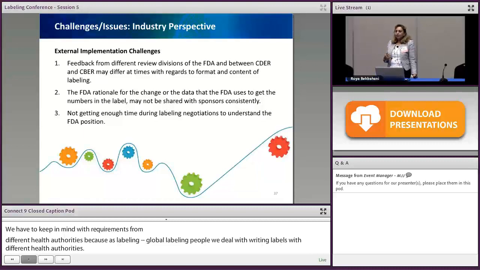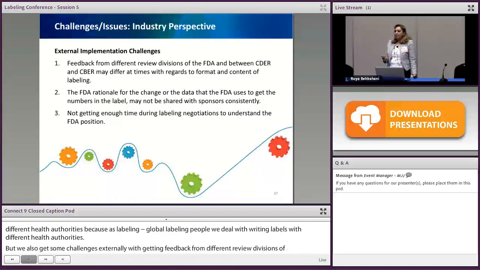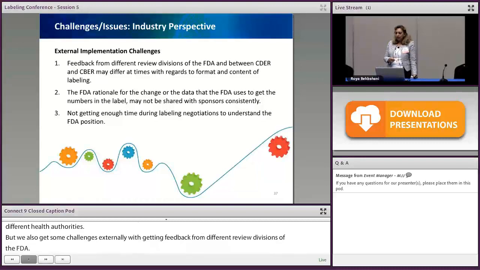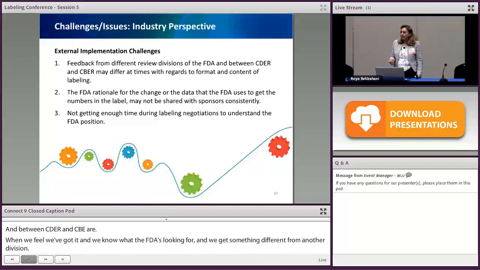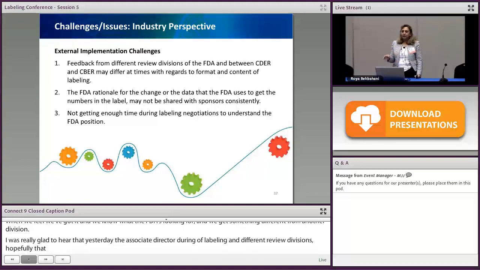So when we really feel like, oh, we got it, we know what the FDA is looking for, and then we get something different from another division. I was really glad to hear yesterday that there are associate directors of labeling in different review divisions. So hopefully that brings consistency between the different review divisions, but I'm not sure if there's anything in place for consistency between CDER and SBIA.